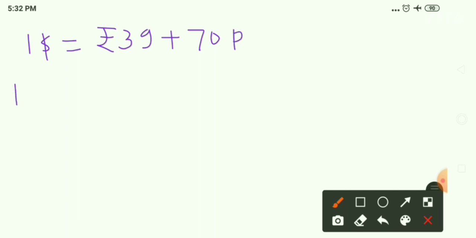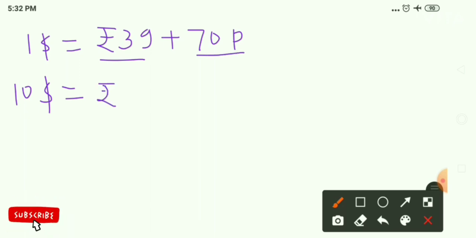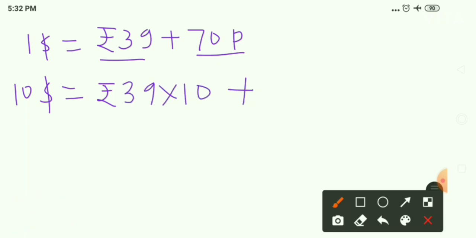Now $10 means here we can see that 39.70 is split. So $10 means we have to multiply with 39, and also multiply by 70 paise.